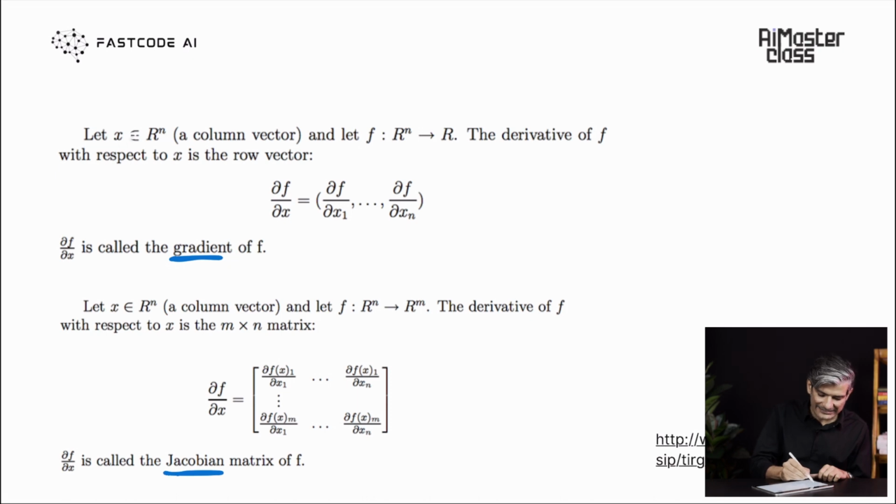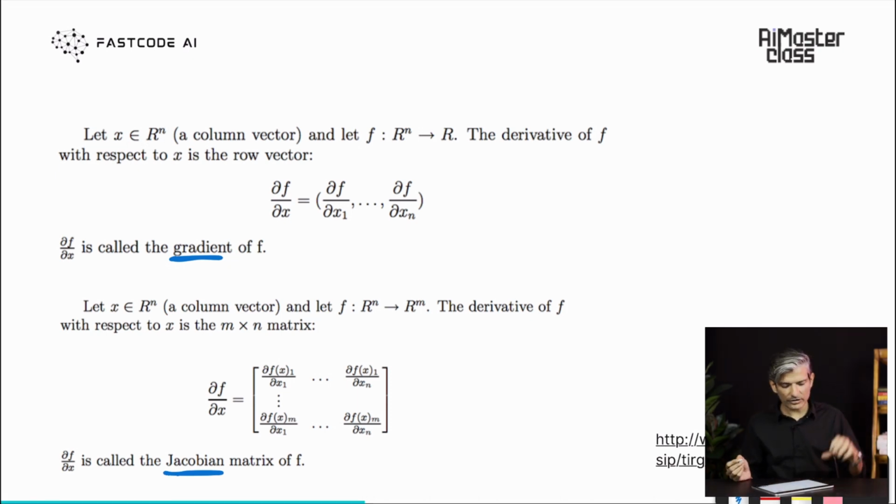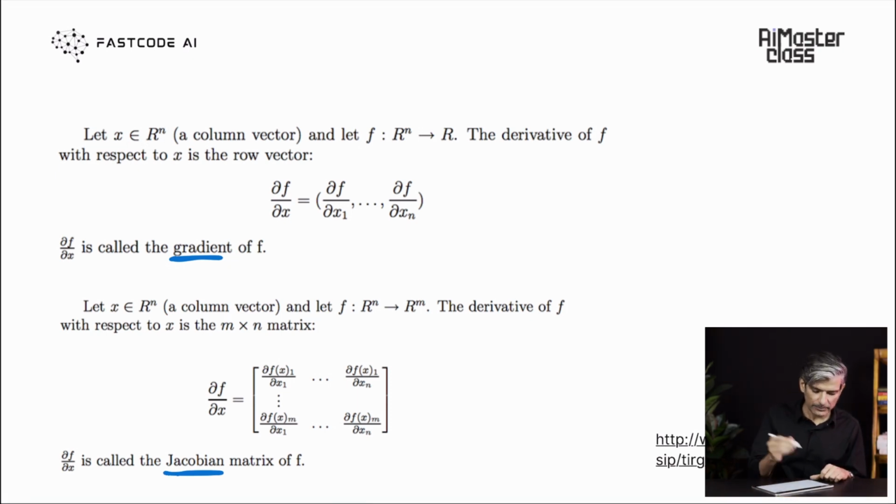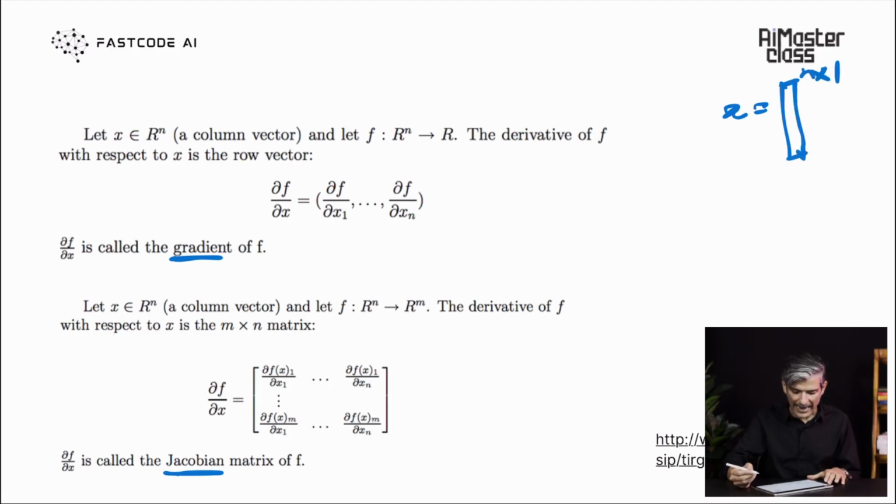So let x be an n-dimensional column vector, right? It belongs to this set R to the power n, which essentially means our x is an n-dimensional column vector, so it's n cross 1. And let f be a function that takes in this n-dimensional column vector and gives us a real number, right?